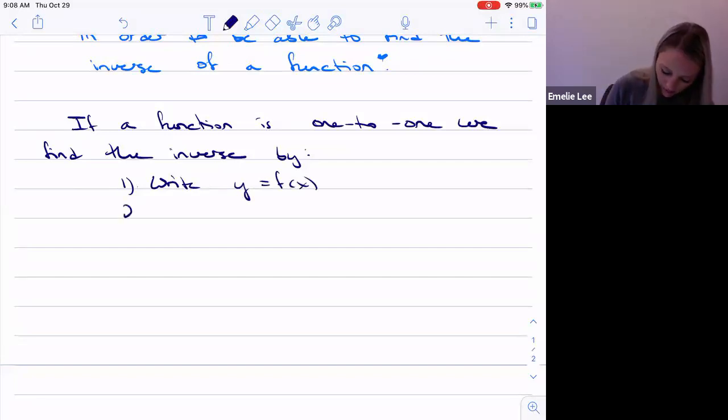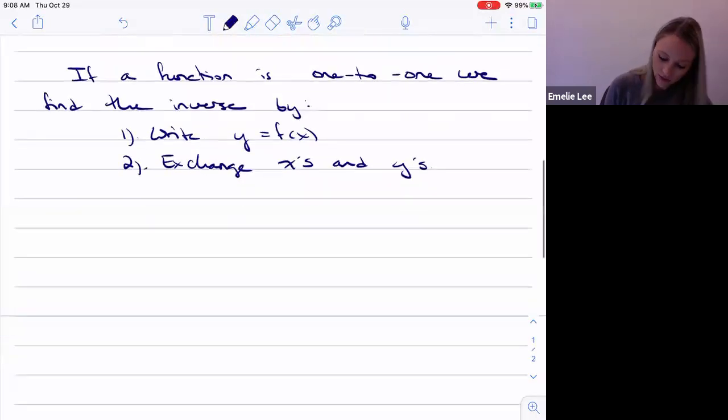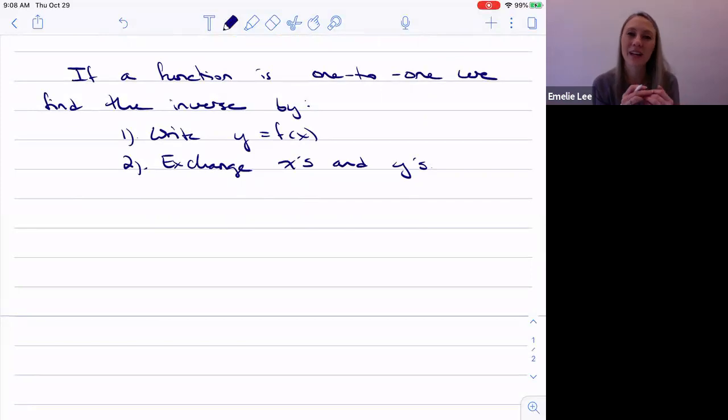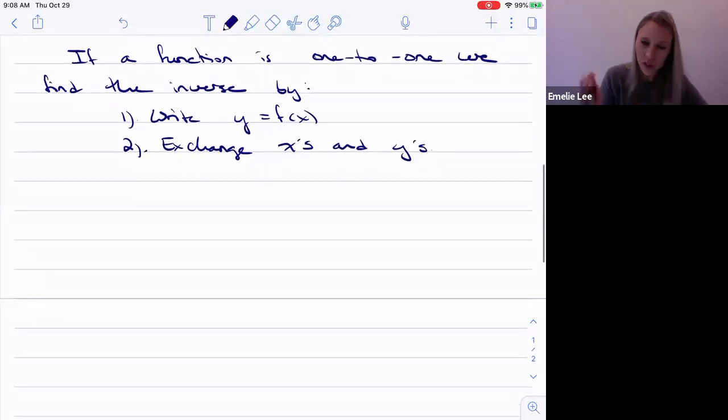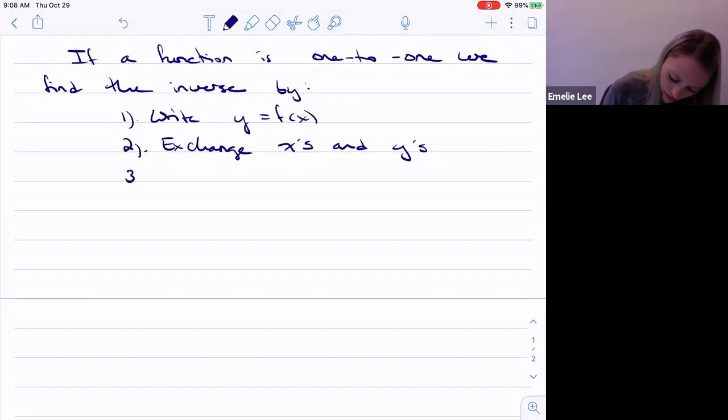Your second step is to exchange x's and y's. So y equals x minus 2 over 3 plus x, something like that. You've exchanged them, so now you have x equals y minus 2 over y plus 3, or whatever I said before. So you exchange your x's and y's, and then your third step is to solve for y.